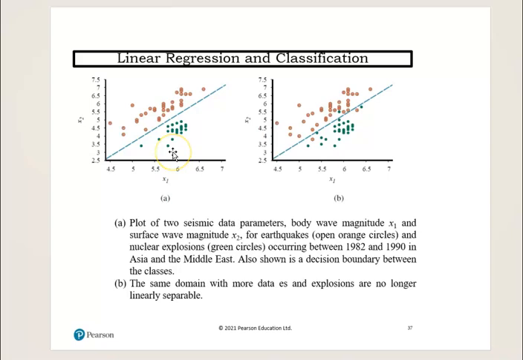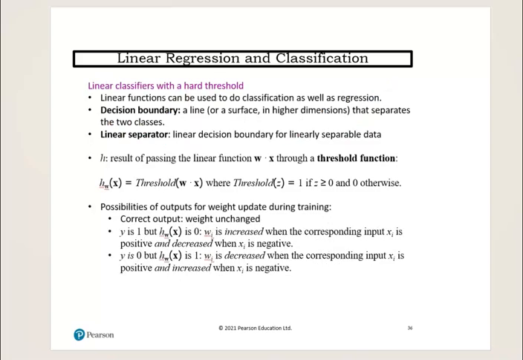And actually we can get the weights for the actual line here. As you can see, 0 intercept, we can get the weights for those. We can also think of H, whatever you're calculating here, as a threshold function, which is a vector of weight w dot the input measurement x.